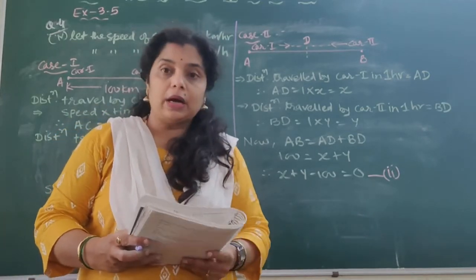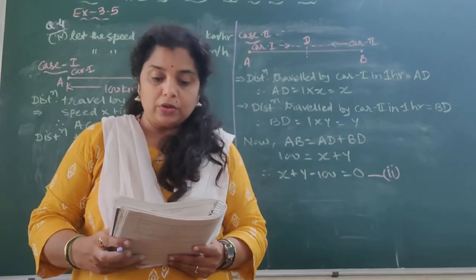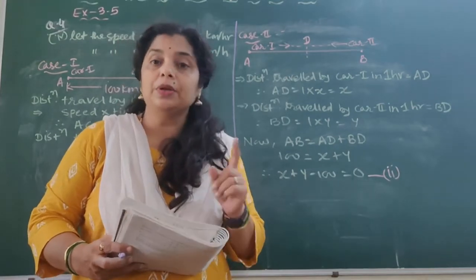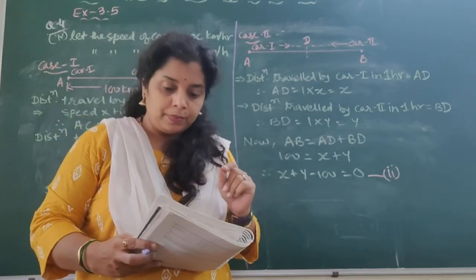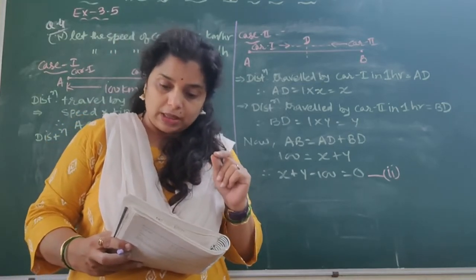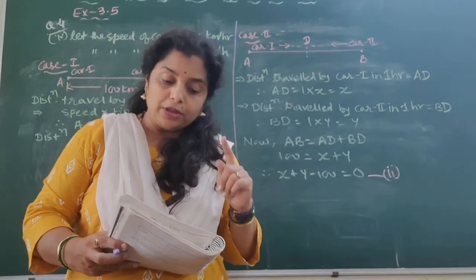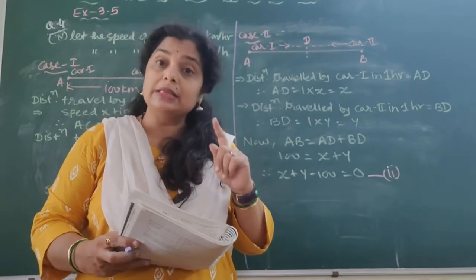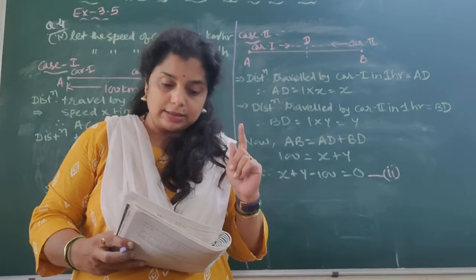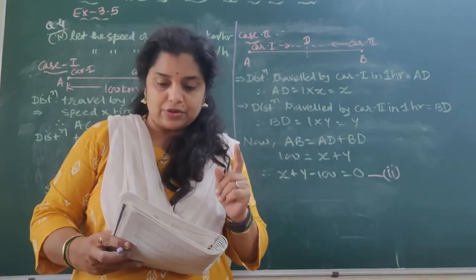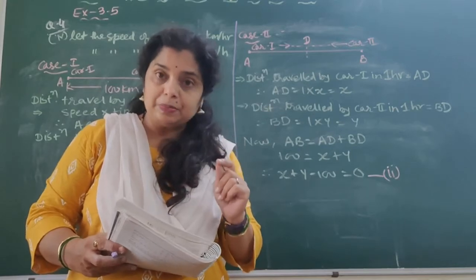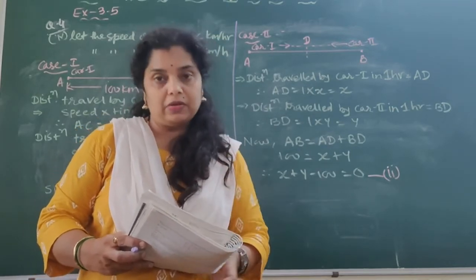Places A and B are 100 kilometers apart on a highway. The distance between A and B is 100 kilometers, right? One car starts from A and another from place B at the same time. If the cars travel in the same direction at different speeds, they meet in 5 hours.